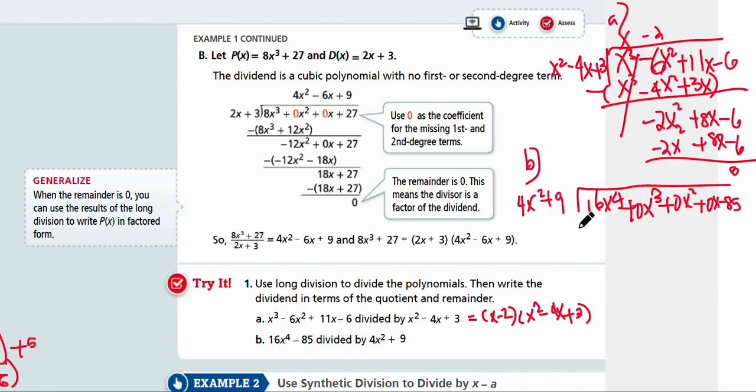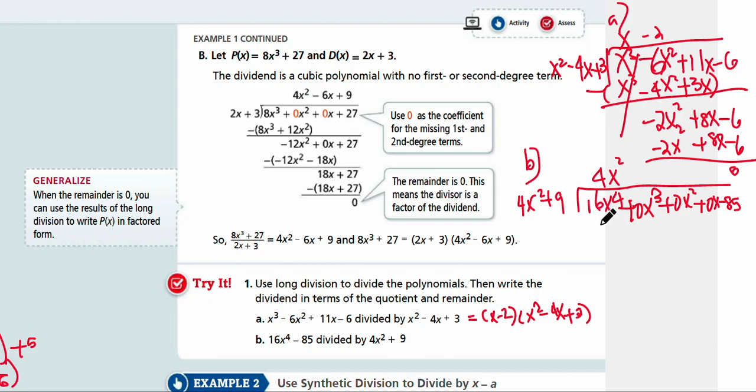Okay, and then you're going to multiply and match the first term by your first term here. So 4x squared times 4x squared would give you 16x to the 4th power, right? So you just write that.